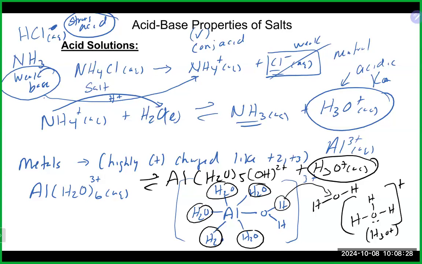One of the waters attached to the metal will give up a hydrogen to another water, and it will make H3O plus and make an acidic solution. So those are 2 ways that we could get an acidic solution in the salt realm: anything that comes from a weak base, or certain metals, especially transition metals with positive charges, +2s, +3s, have the ability to also produce H3O plus in solution. Any questions on that there?